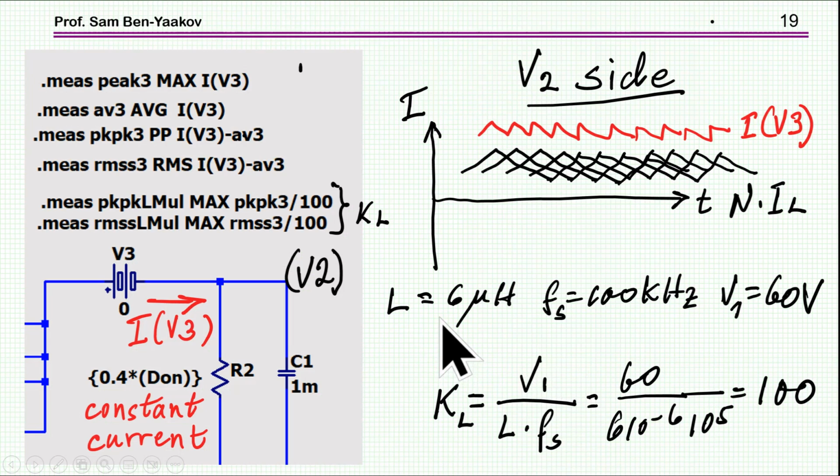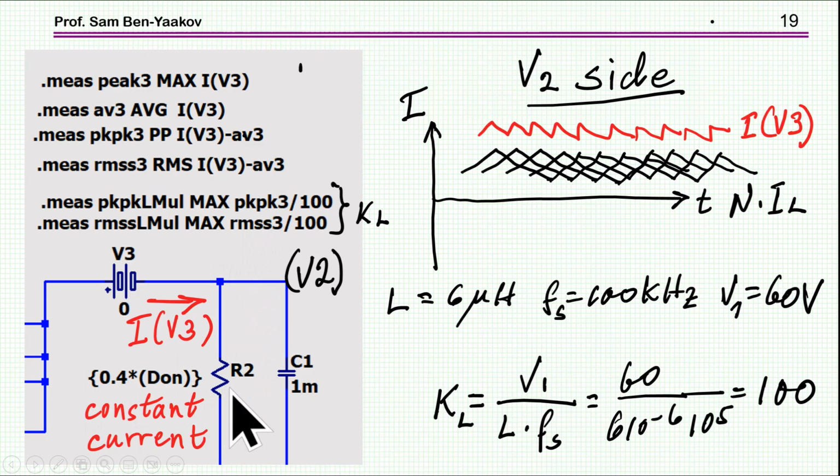The first thing to do is to extract the data. So I'm showing first of all the V2 side. This is the output of the buck case. I'm going to run this simulation, the first one, under constant current condition. Since I'm sweeping the duty cycle for a fixed input voltage, the output voltage will change.